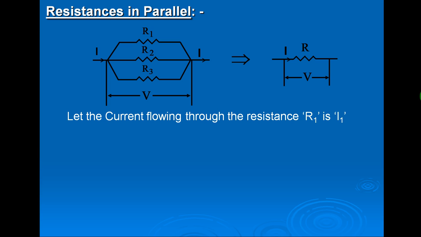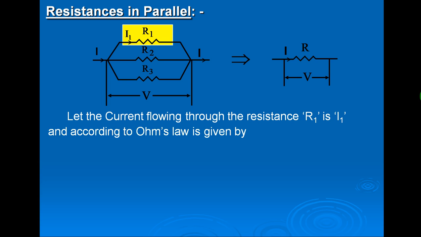Let the current flowing through resistance R1 be I1. Through resistance R1, current I1 is flowing, and according to Ohm's law it is given by I1 is equal to V upon R1.